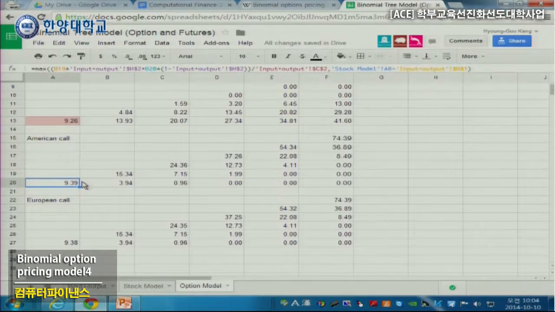Okay, first, if there is no dividend, it doesn't make any difference whether you hold American or European because the prices are the same. The only reason why the American call option is more expensive than the European call option is because there is a dividend. When the stock price goes up, of course it is good news for call option holders.